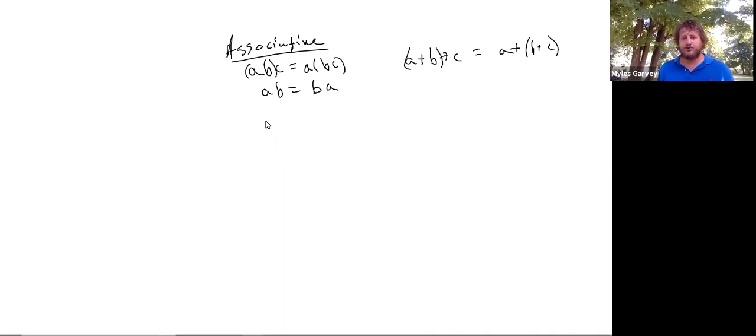We also had the distributive property, right? If we have two numbers we add together and then it's multiplied by another, that's the same thing as saying K times A plus K times B, okay? And we had a few more.